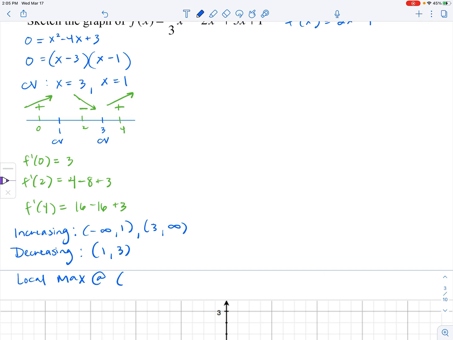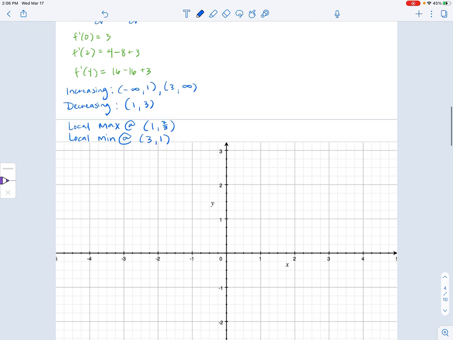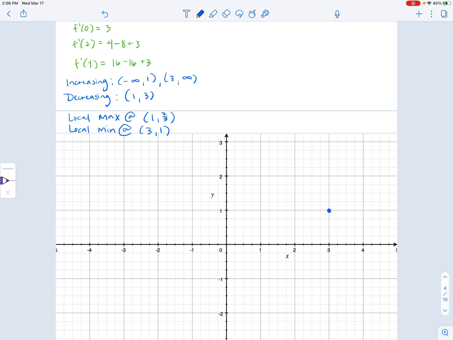When I do that, I get (1, 7/3). And then it looks like there's a local minimum at (3, 1). I'm plugging 3 into the original function to get the 1.